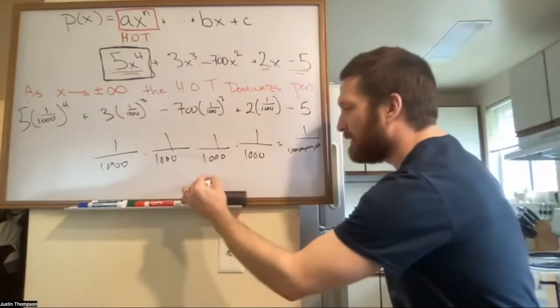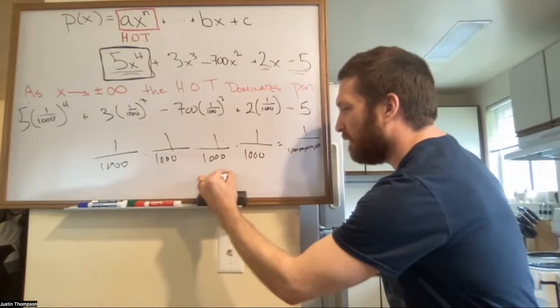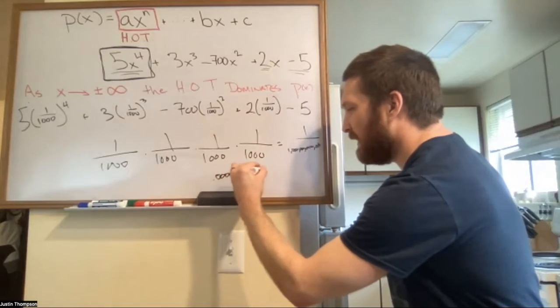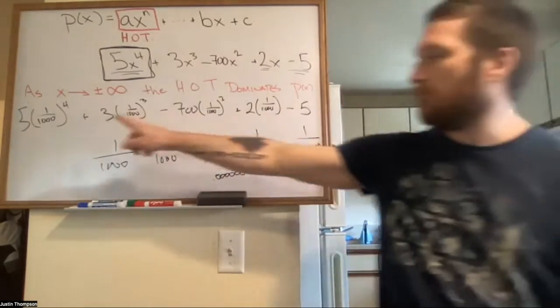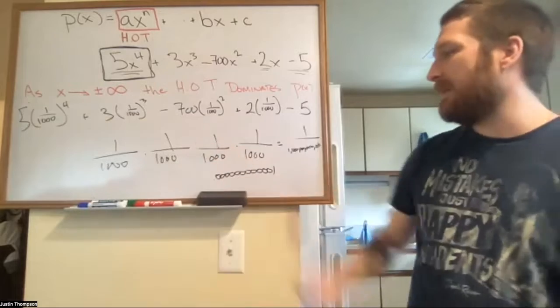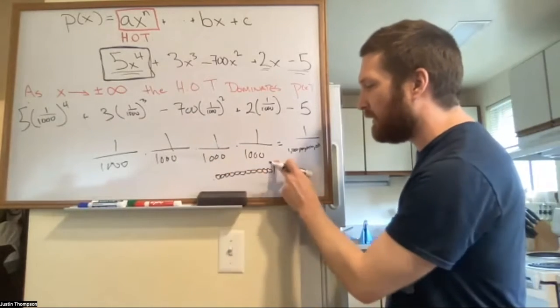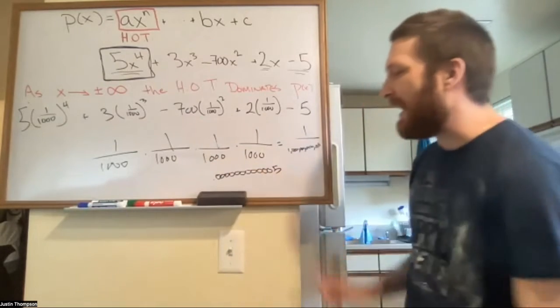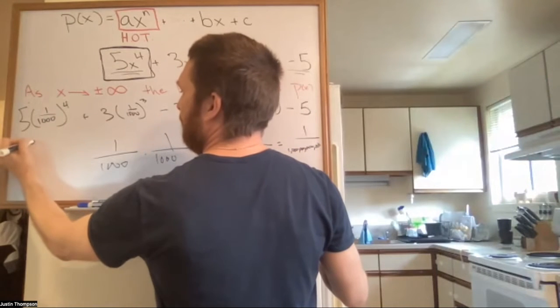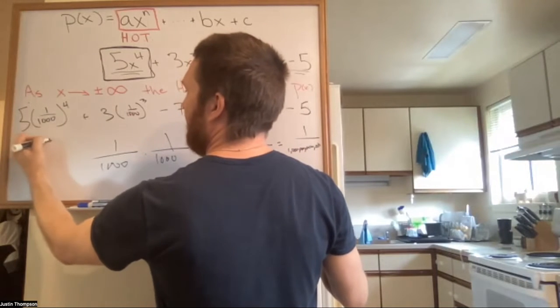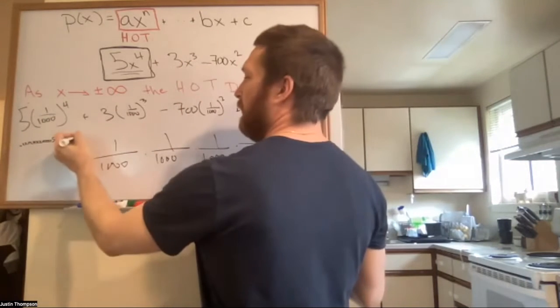In fact, we could write it as 0 point, then 11 zeros, then a 1. And so we have 5 times that, which is point a bunch of zeros, 5. That's what that works out to: 5 trillionths.